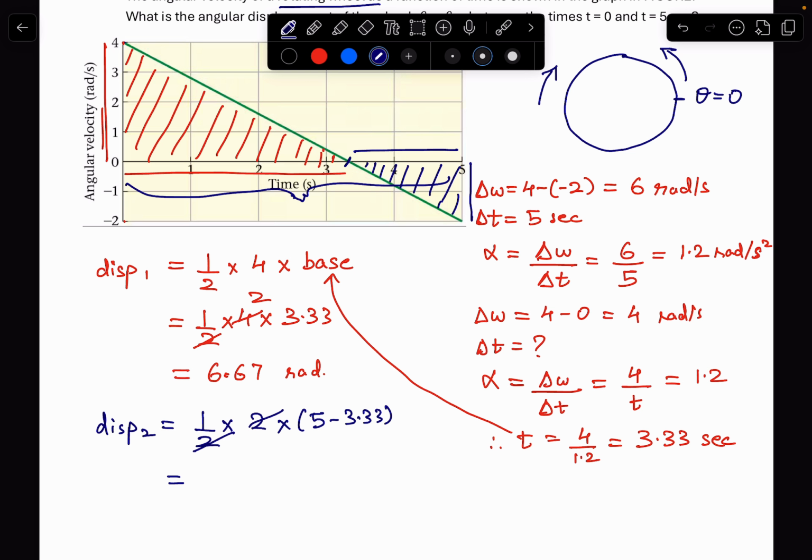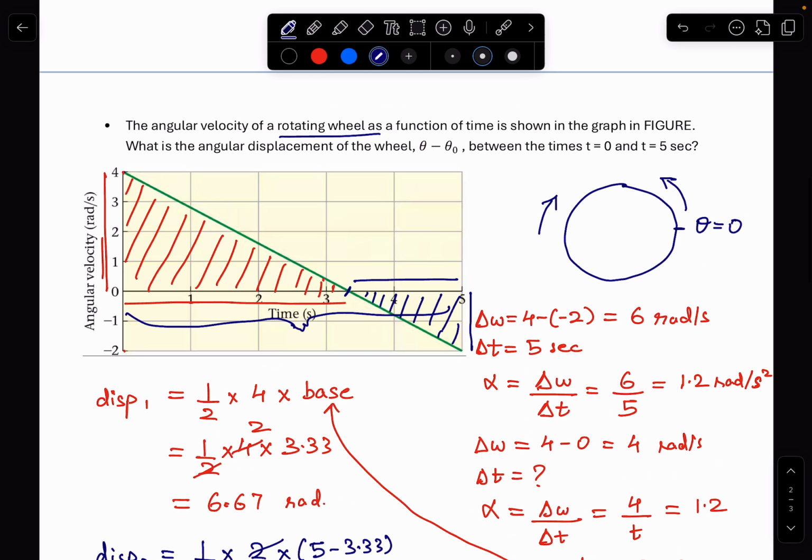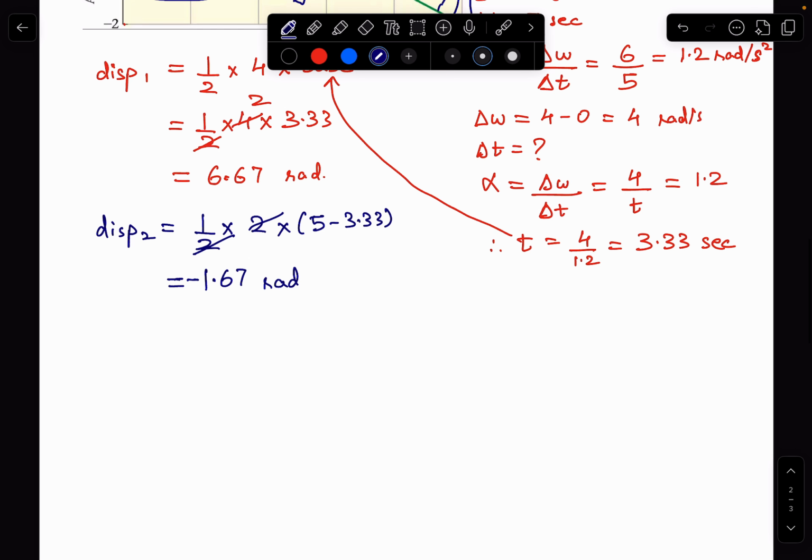So the answer should be 1.67 radians, but this should be negative because my velocity is negative.